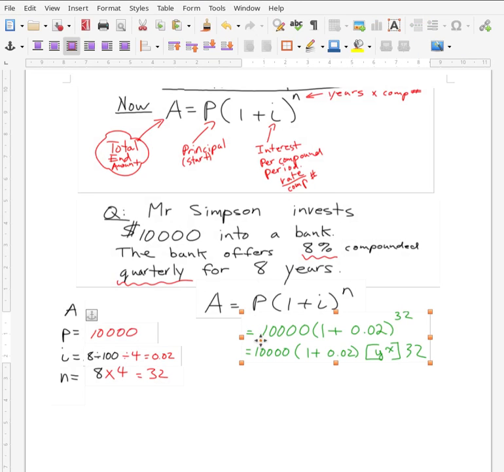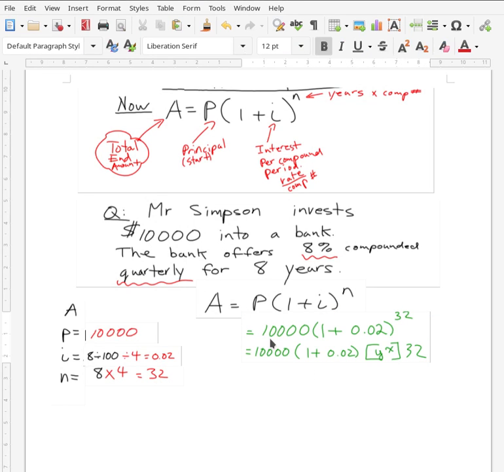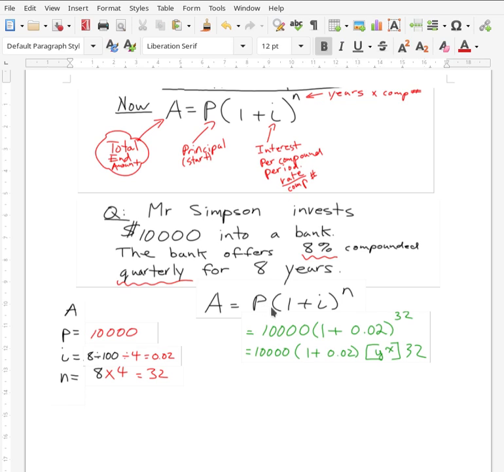In our equation, all we're going to do is substitute. So we substitute P is 10,000. Then we have (1 + i)^n. So you end up with 1 plus 0.02 raised to the exponent 32, right? On your scientific calculator, all you do is punch this in.